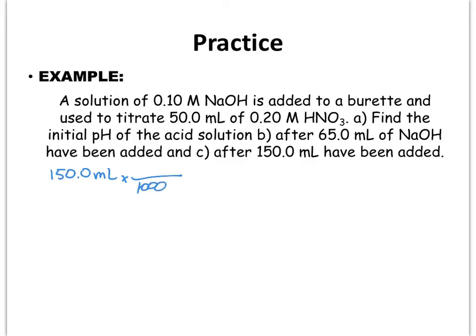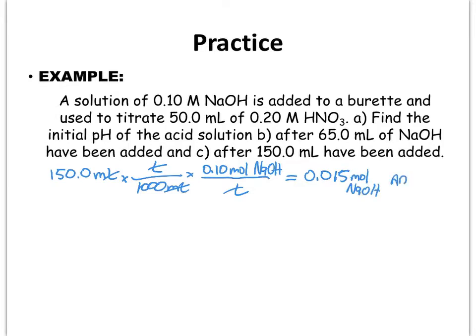I know there's 1,000 milliliters for every liter, and I know that there's 0.10 moles of the NaOH for every liter. So in this particular case, I added 0.015 moles of the NaOH, and this is how much I added.